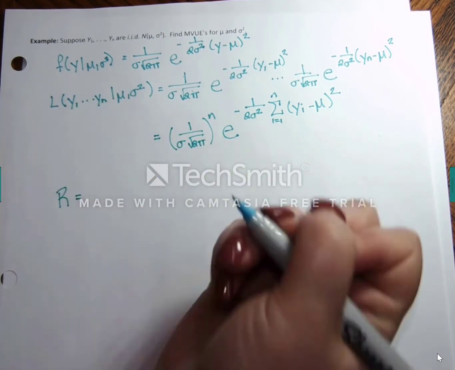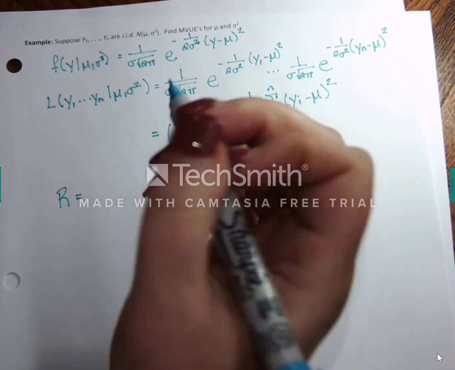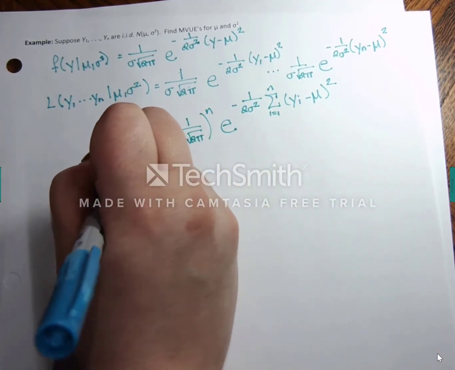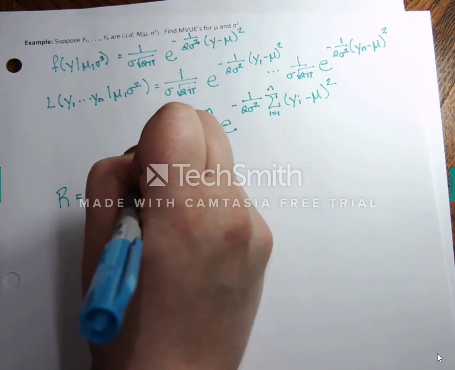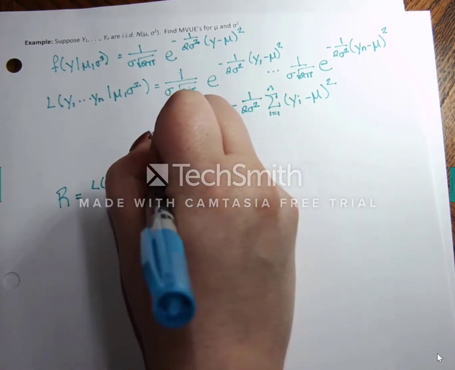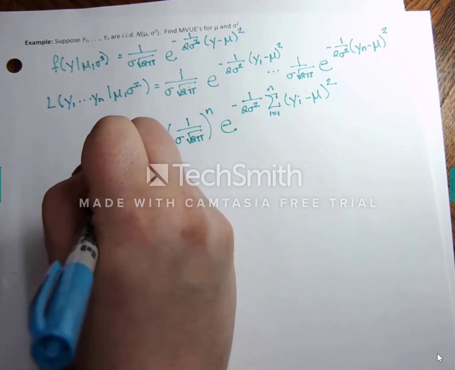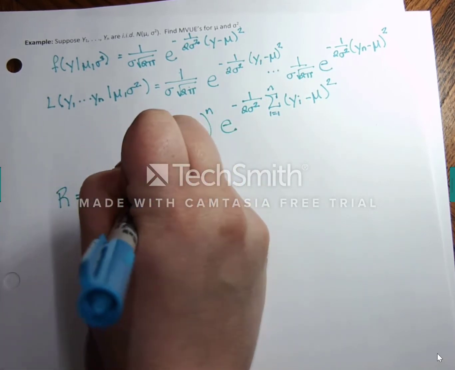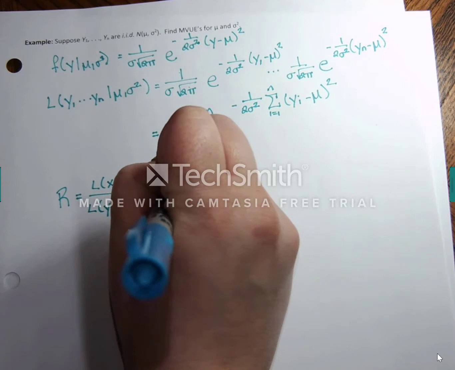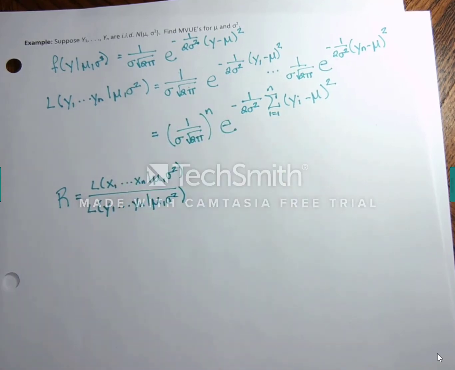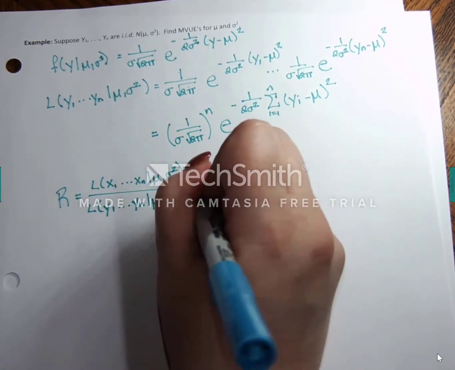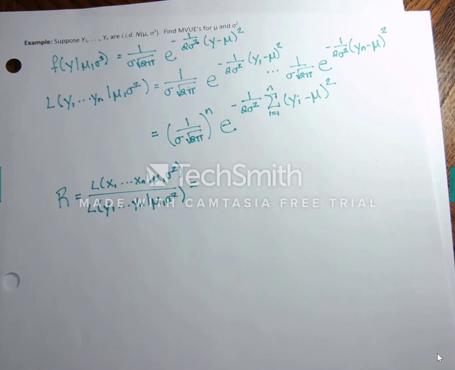So again, setting up our ratio is going to be equal to the likelihood evaluated at the x's, given our two parameters of interest, divided by the likelihood evaluated at the y's, given our two parameters of interest, filling in what each of those likelihoods are.